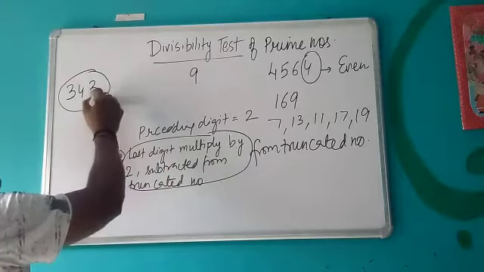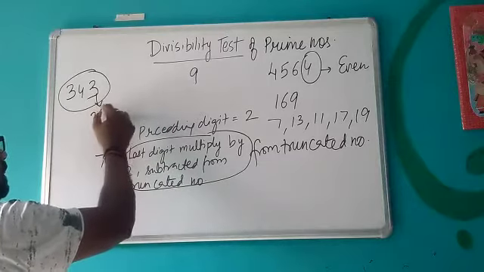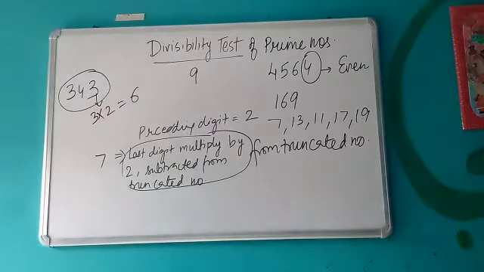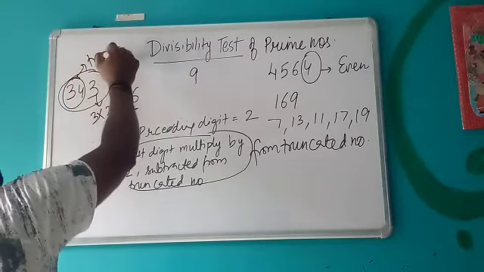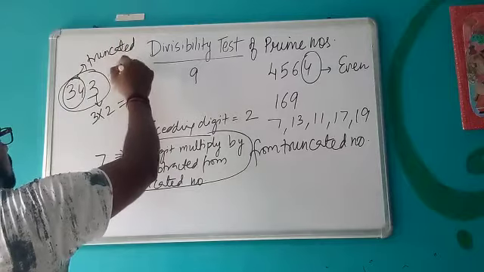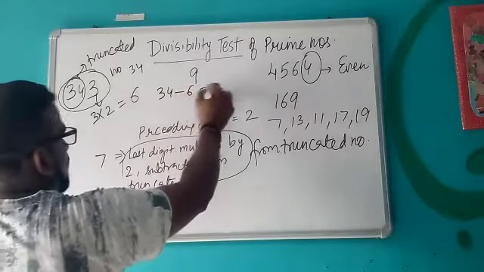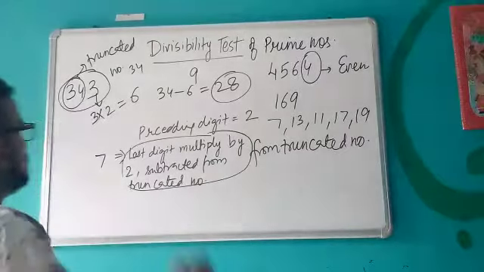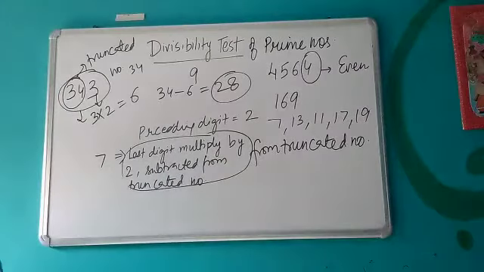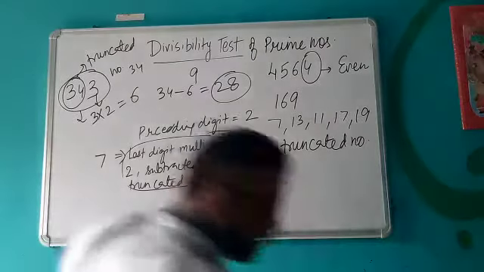Its unit digit is 3, so we multiply 3 by 2, which gives 6. Our truncated number is 34. I subtract 6 from 34 and get 28. You already know that 28 is divisible by 7, so this number is divisible by 7. So this is the divisibility test of 7: last digit multiplied by 2 and then subtracted from the truncated number.